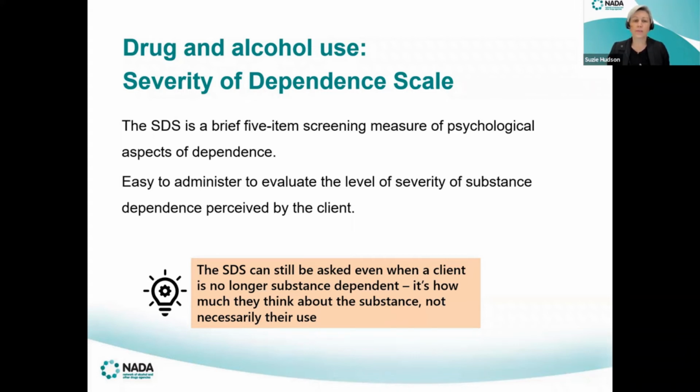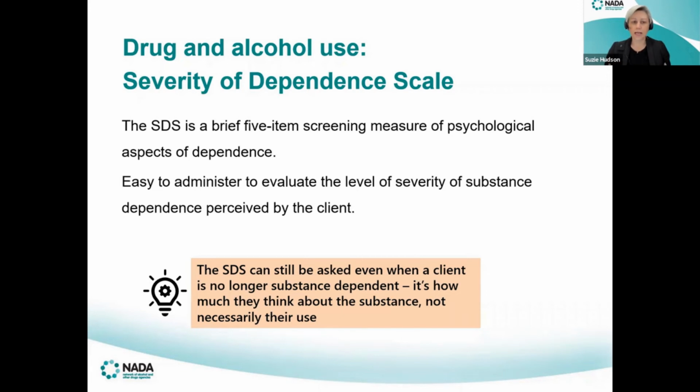When we're talking about drug and alcohol use, we've got two parts to this particular domain. The first is the Severity of Dependence Scale, and that's a very brief 5-item screening measure and really hones in on the psychological aspects of dependence.